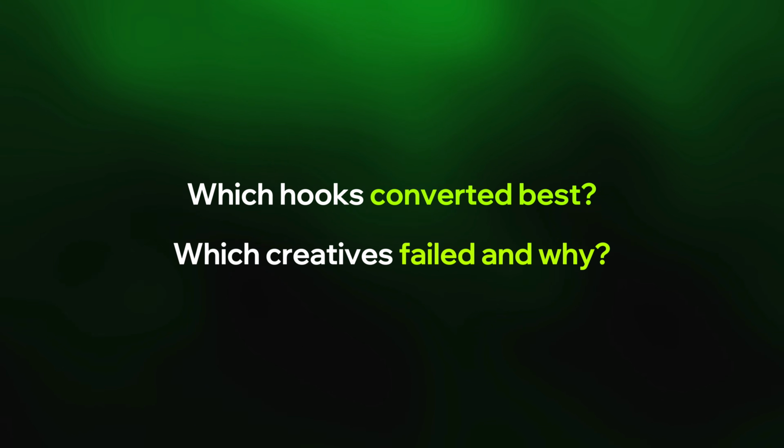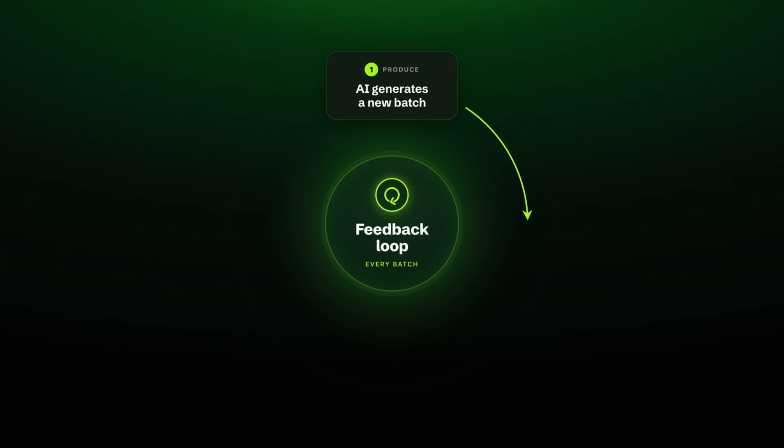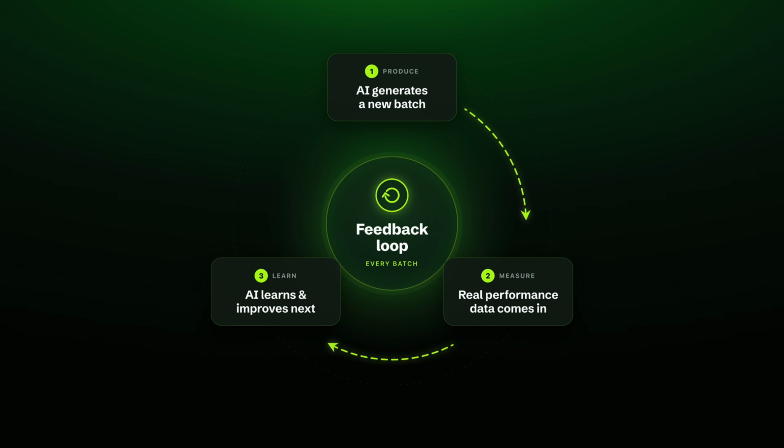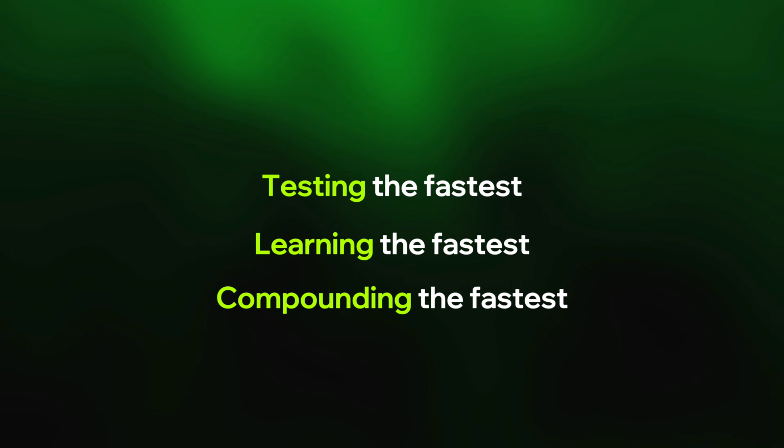You ask the AI which hooks convert the best, which creatives failed and why. Now you're not guessing anymore, you're building a feedback loop where the AI continuously learns from real performance data and improves every batch that comes after it. The brands winning today are not the ones making one perfect ad, they're the ones testing the fastest, learning the fastest, and compounding the fastest.